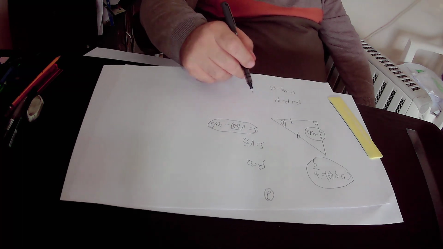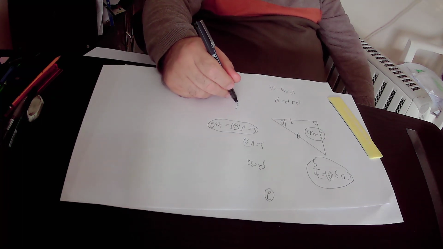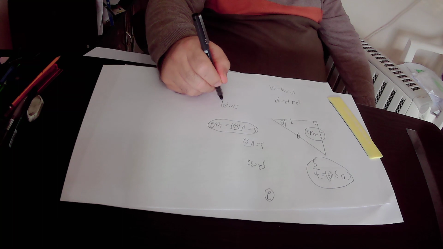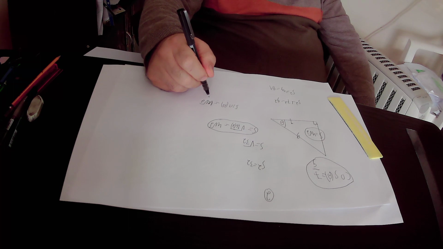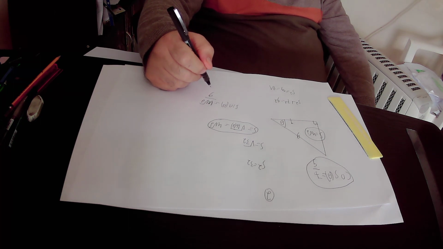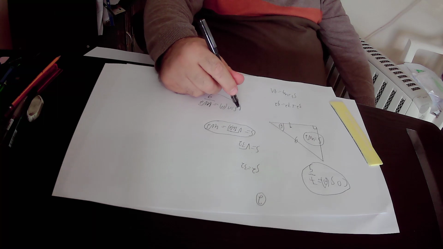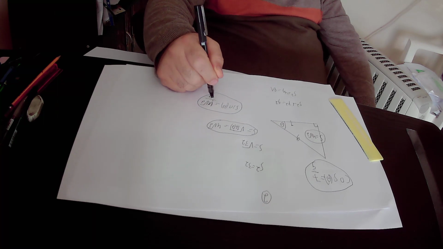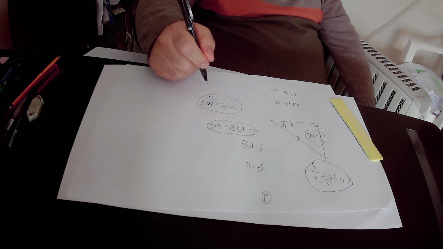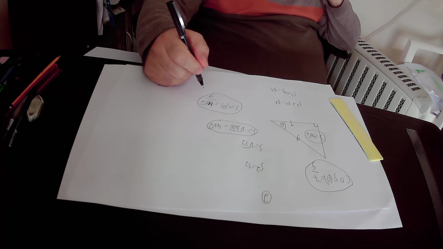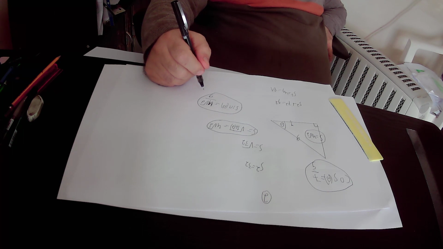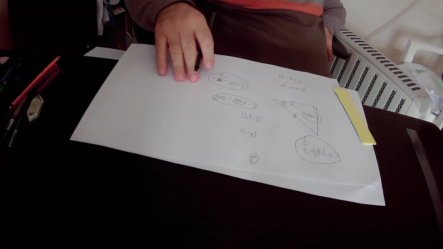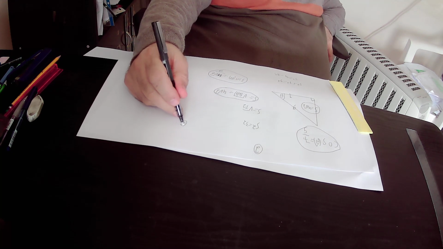So from this drawing you can see that sine theta equals 4 times square root of 2 over 9. But according to equation number 1, sine theta equals x over 7.